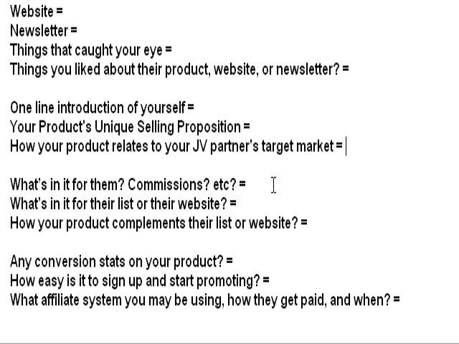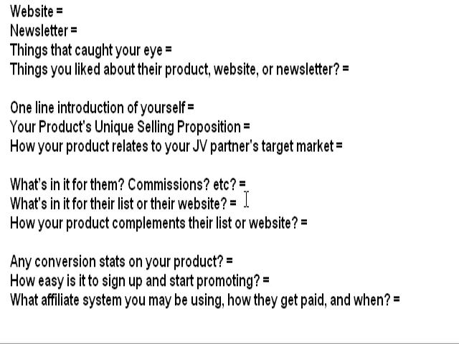You can use this for co-ownerships too. Let's say you have a product, or an idea that you want to create into a product. Another question you want to ask is, what's in it for their list or their website? Sort of what we went over previously. If their list is about weight loss, then great.